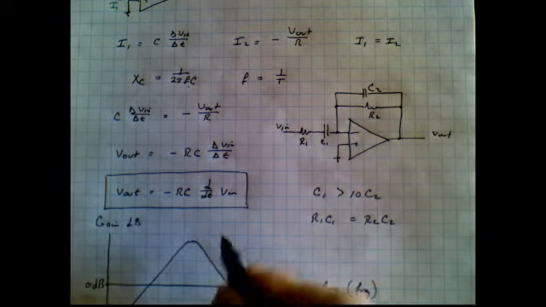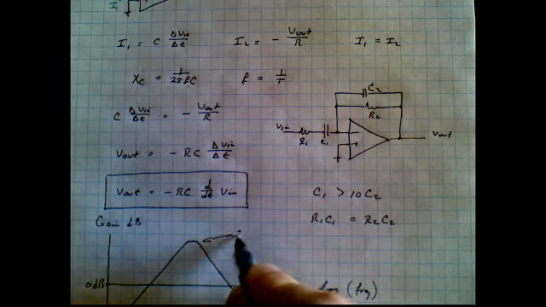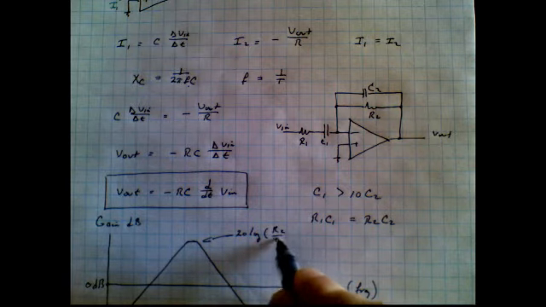So the peak gain of this circuit is going to be about 20 times the log of R2 over R1.